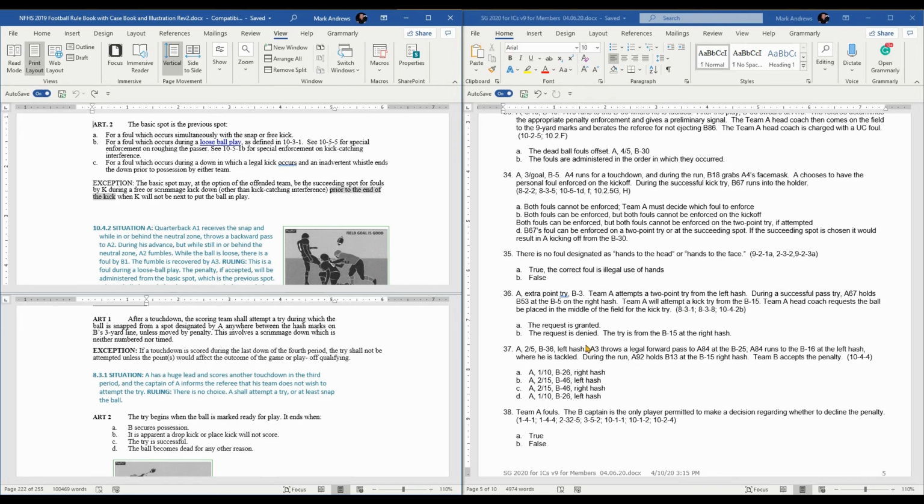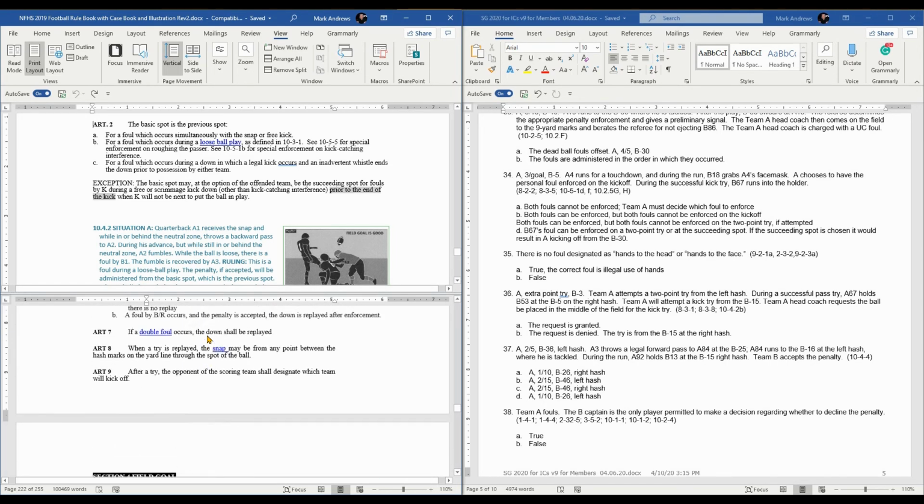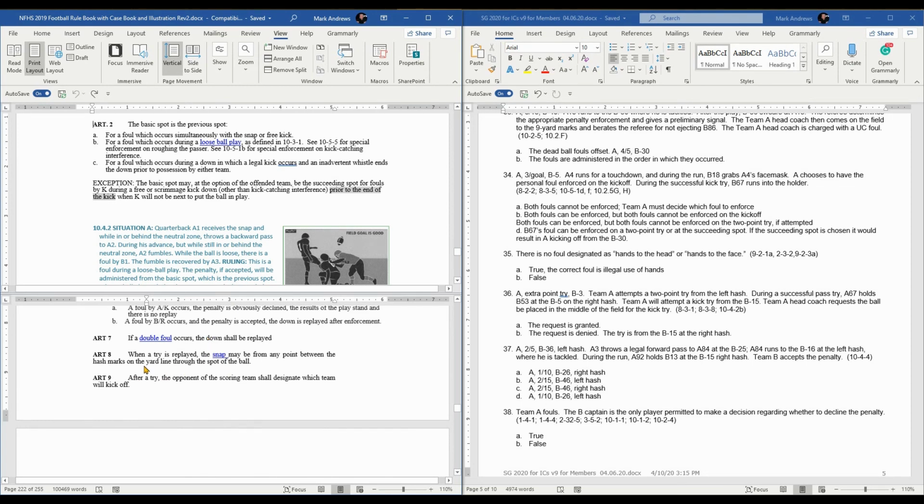So 831, right down here, just describes what a try is. Okay, we don't really need to dwell on that. If we go down to 838, when a try is replayed, the snap may be from any point between the hash marks on the yard line through the spot of the ball.